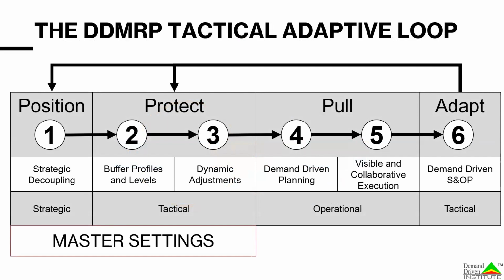We've got our decoupling and profile, dynamic adjustments, planning, visible collaborative execution. Now we've got the manager of an S&OP driving around the signals, the feedback that we get from the initial DDMRP effort. The bacon buffer. How's the bacon buffer doing, right? I'm really going to think about that. And a hot dog buffer. Really mindful. Okay, so now we're going to go back and then we'll make adjustments, right?